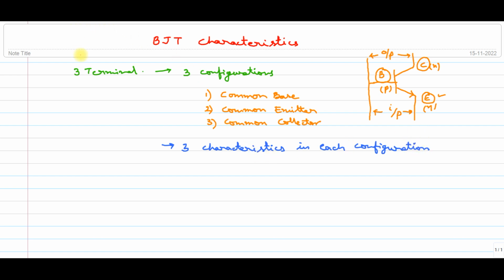So the first one is input characteristics, the second one is output characteristics, and the third one is current gain characteristics.